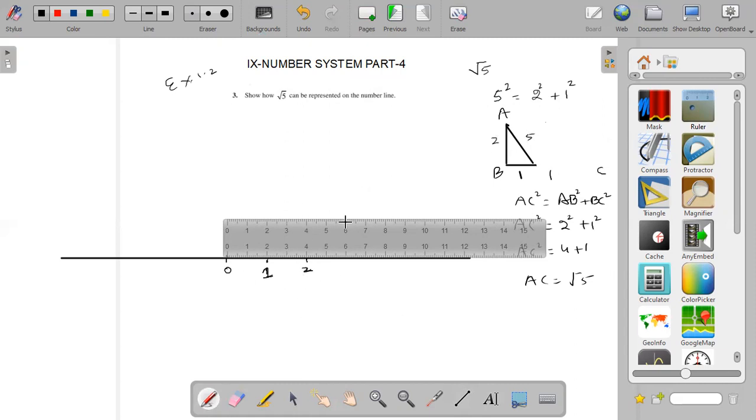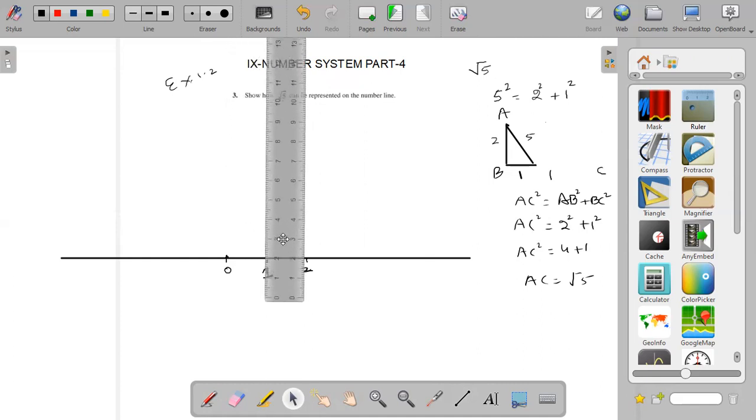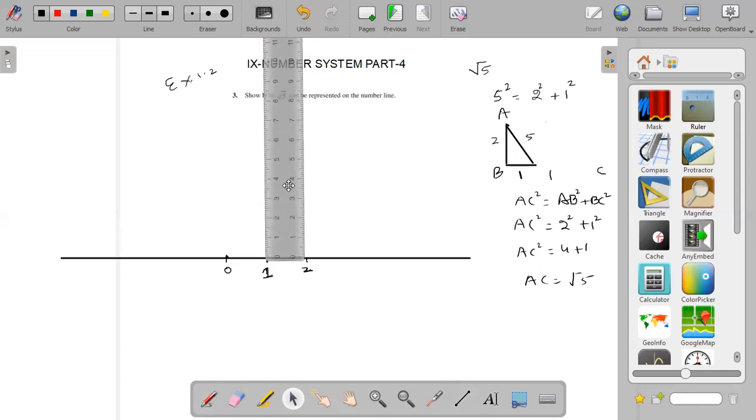So we are making this 2 on this line. Then we have to take one perpendicular. On drawing the perpendicular, actually you should use the way how to draw the perpendicular that we did. But here we are using the ruler. From here we can have one perpendicular, and its length should be straight, and we have to take 1 centimeter.